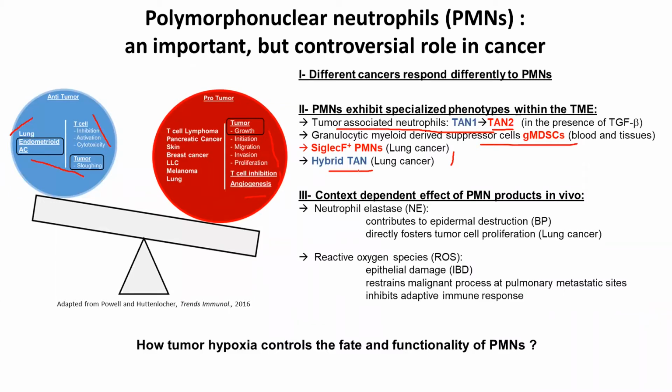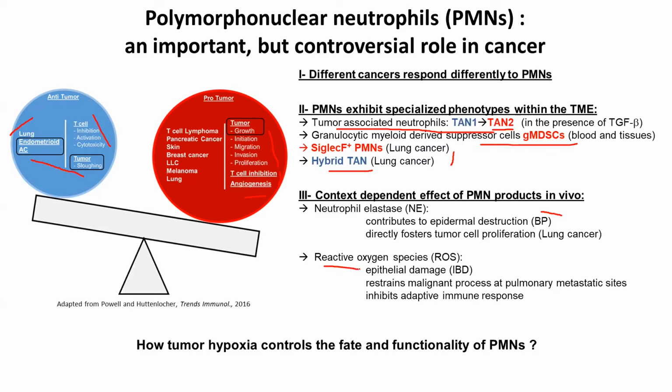Adding more complexity to the system, different PMN-derived products can also have different effects in vivo. For example, neutrophil elastase has been shown to contribute to epidermal destruction in the context of the bullous pemphigoid disease, or can directly foster tumor cell proliferation in a model of lung cancer.